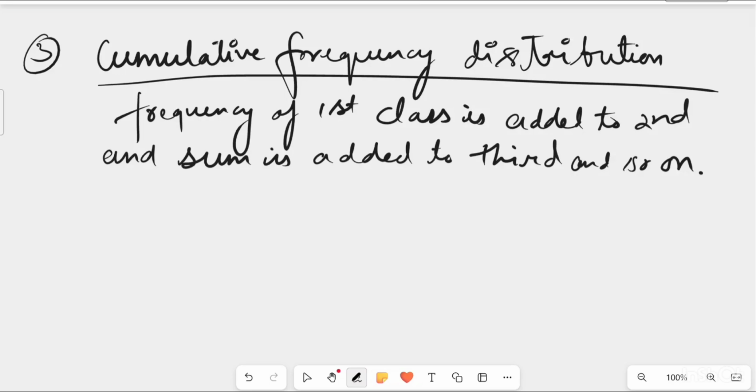Then the frequencies obtained are known as cumulative frequencies, and this is denoted by C.